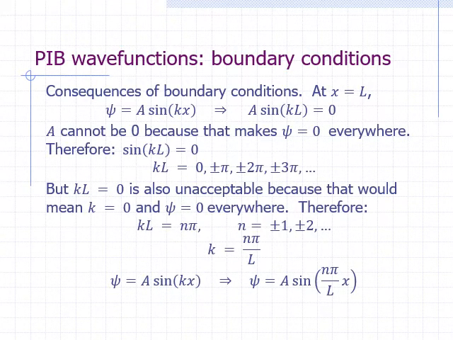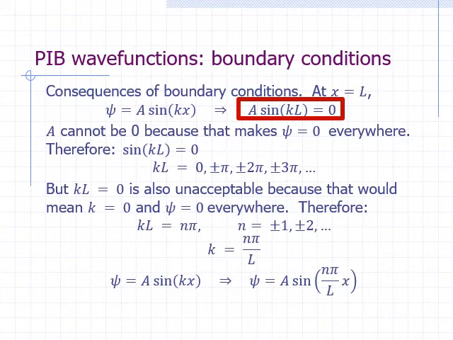What about the boundary condition at x equals L? Remember that we've just narrowed down our solutions to those that are of the form psi equals A times sine of kx. If we substitute L for x, we get A times sine of kL, which must be equal to 0. Now there are two ways A times sine of kL can be equal to 0.